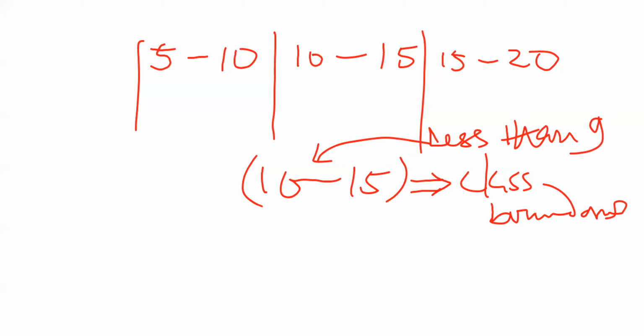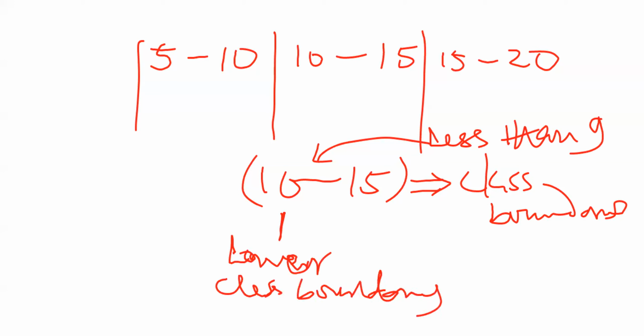In a less than grouping, this 10 is called the lower class boundary, and this one is the upper class boundary.